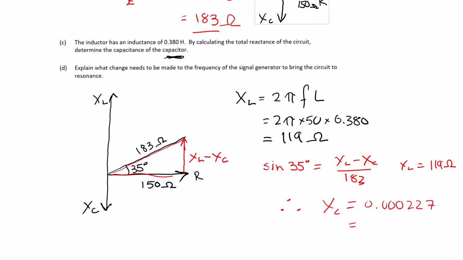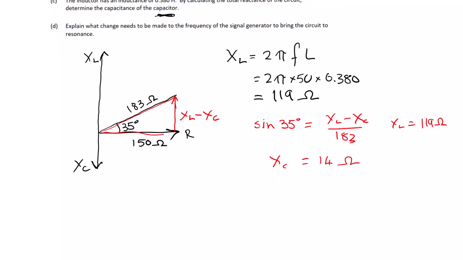Bit of a slip up there. XC, the capacitive reactance, is equal to 14 ohm.